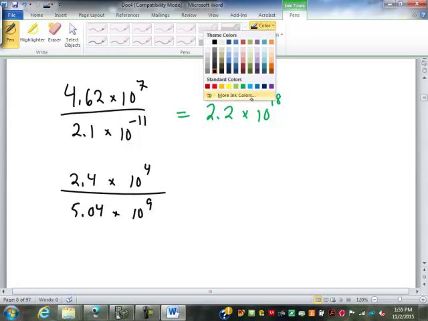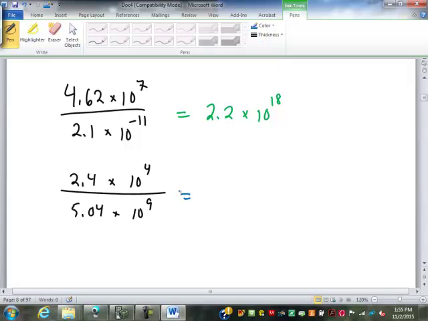What do we get? We get 0.476 times 10 to the 4 minus 9, which is negative 5.